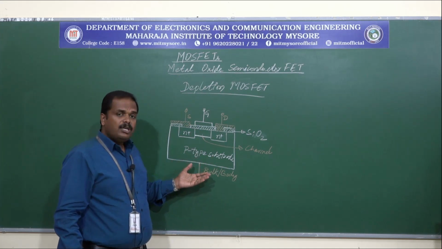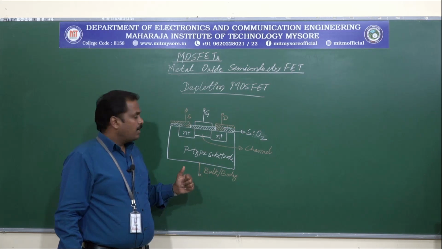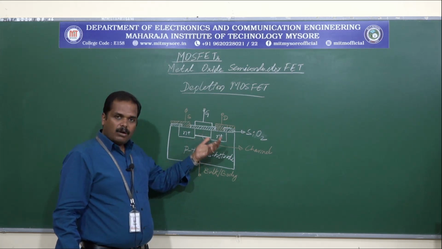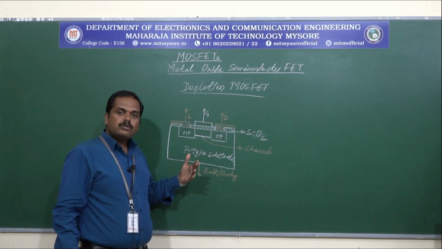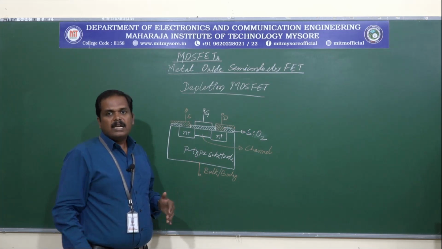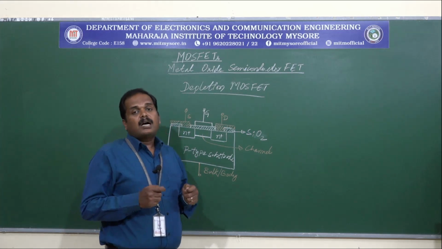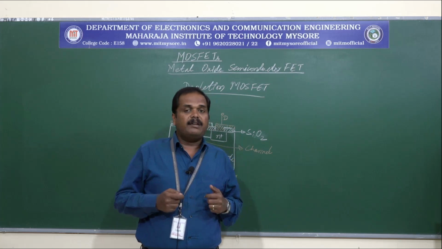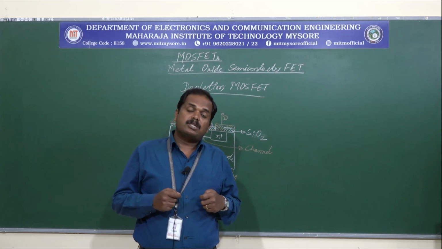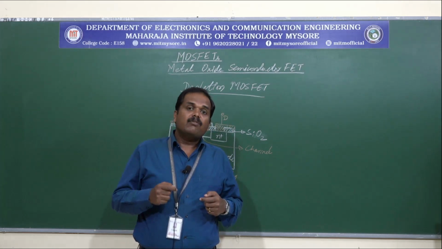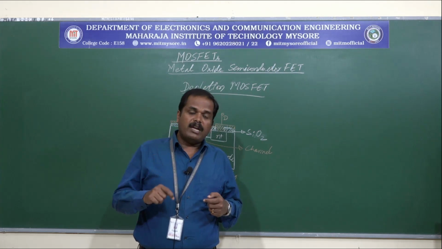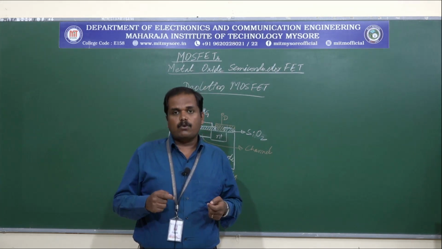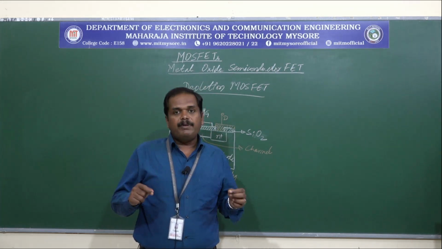Now coming to the operation of this, because the channel is already there, in contrast to the enhancement mode device, where if you want the current to flow in the device, if you need to turn on the device, we need to supply a positive gate voltage so that the channel will be created.